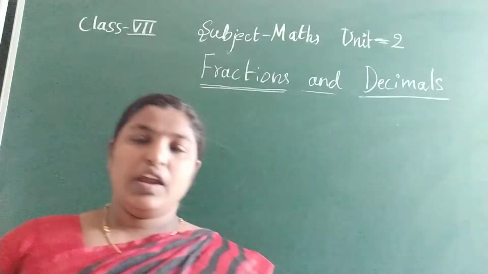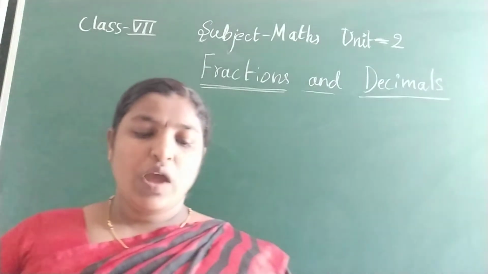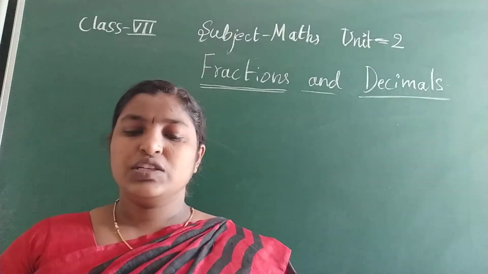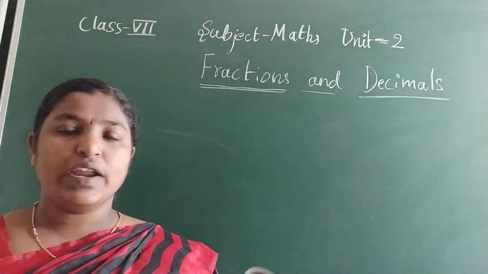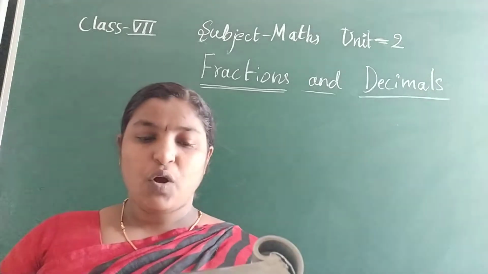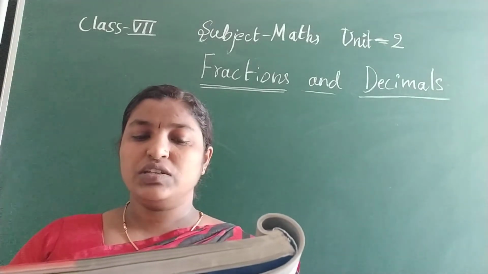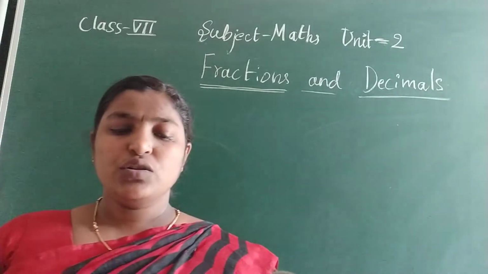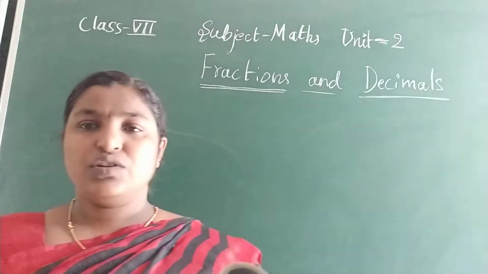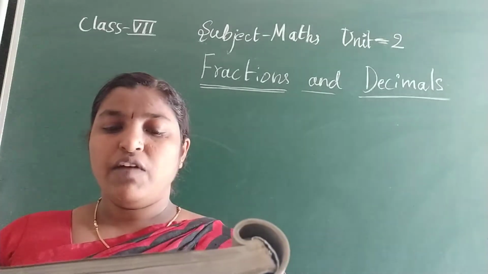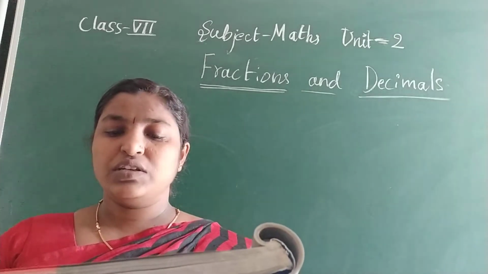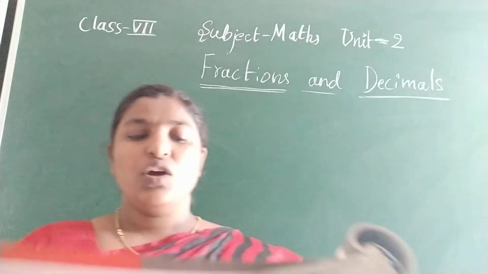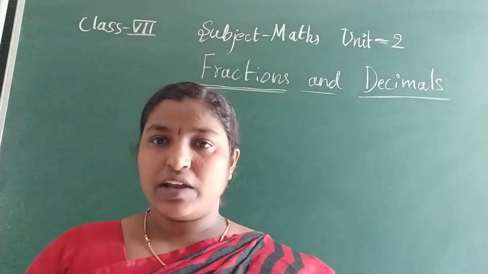29, Introduction. You have learned fractions and decimals in earlier classes. The study of fractions included proper, improper and mixed fractions as well as their addition and subtraction. We also studied comparison of fractions, equivalent fractions, representation of fractions on the number line and ordering of fractions.